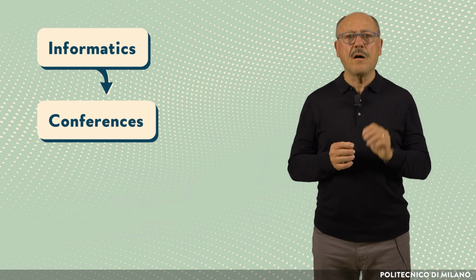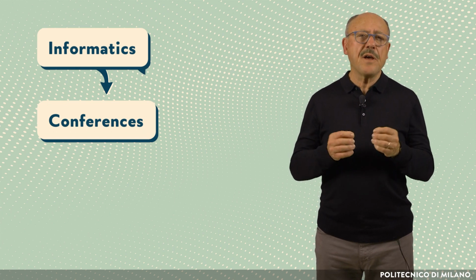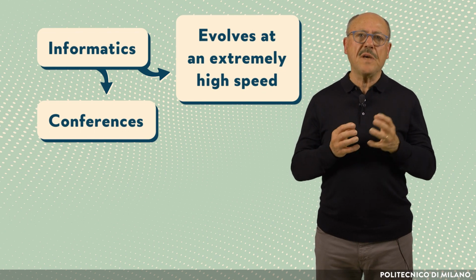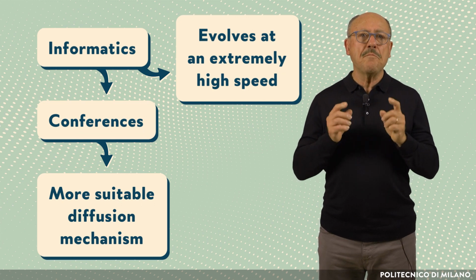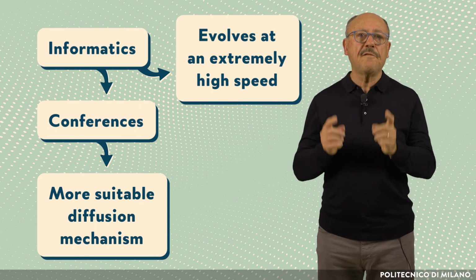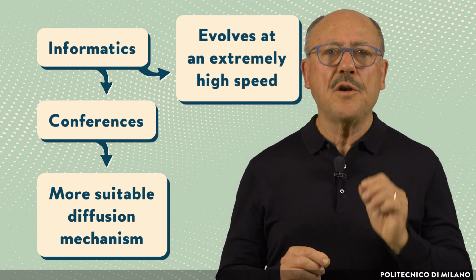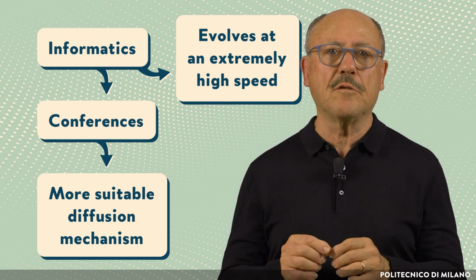The reason why conferences are so prominent in informatics is that the area has been evolving at an extremely high speed, and conferences became a more suitable diffusion mechanism than journals because they ensure faster turnaround time. Journals, instead, normally require a longer editorial process prior to publication.